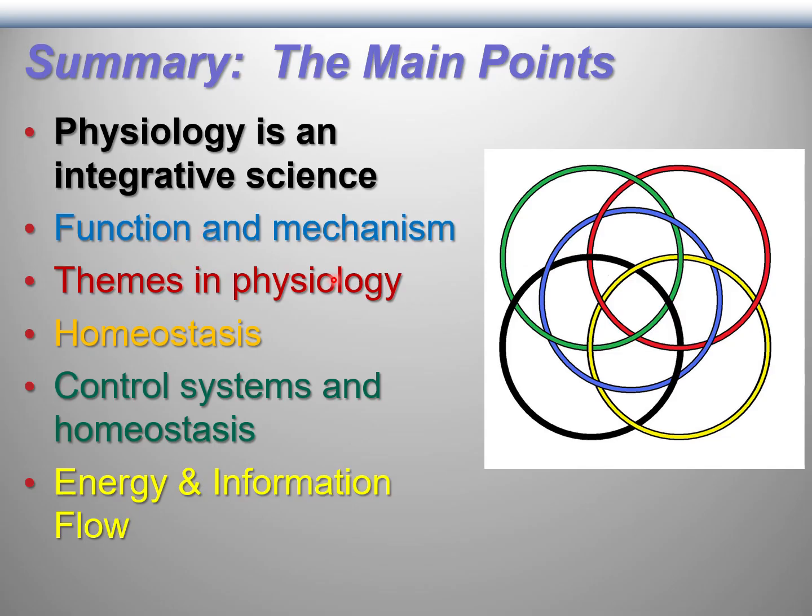The themes allow us to see patterns. That is to say, when we are not fully familiar with a given system or response or scenario in the body, how can we use the themes of physiology in order to work out what's really going on? Themes like homeostasis. We know that homeostasis is a goal of the body, but what if the body is not responding in the way that we would have anticipated based on what we would consider a homeostatic set point?